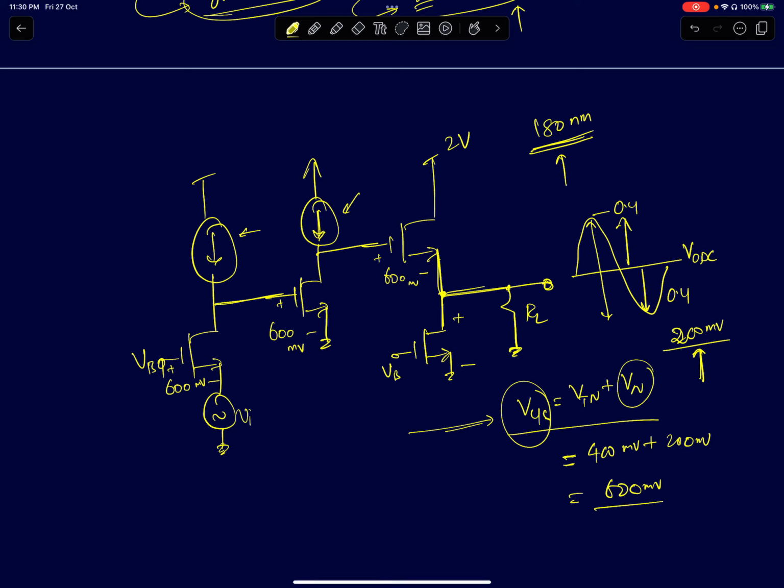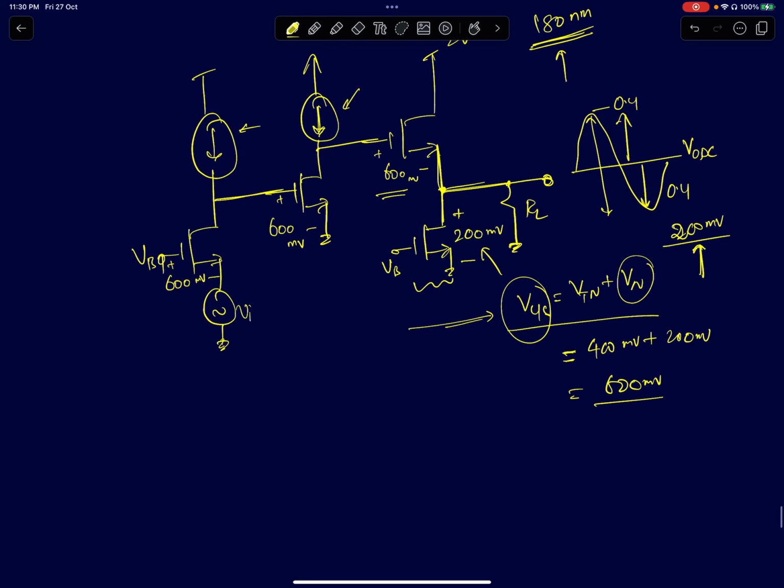So if I choose 600 millivolts for my VGS, the minimum drain to source voltage necessary to keep my transistors in saturation is 200 millivolts. You need to at least ensure that VDS is greater than VGS minus VT for it to be in saturation. So the minimum voltage on the lower transistor is 200 millivolts.